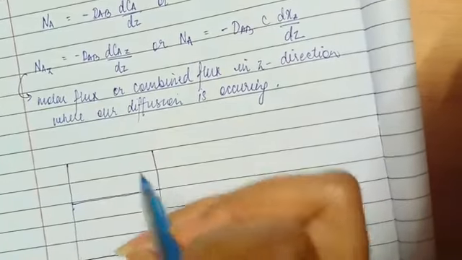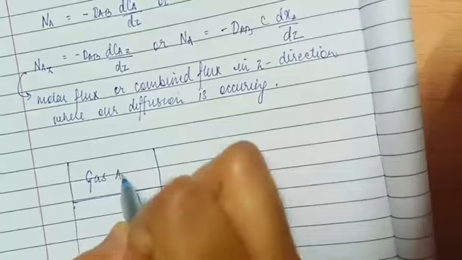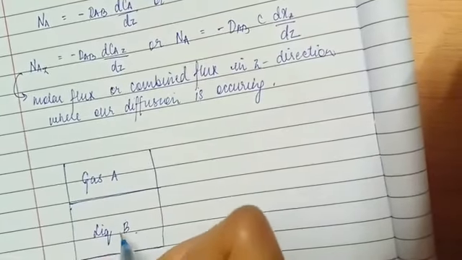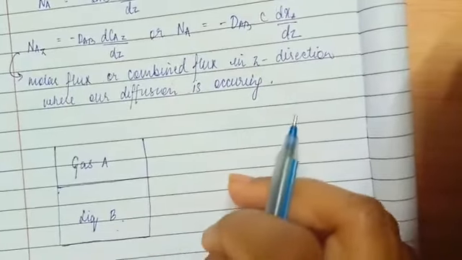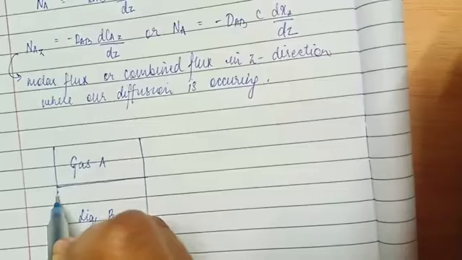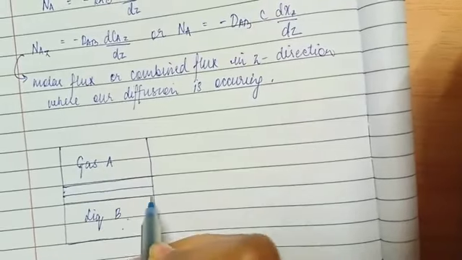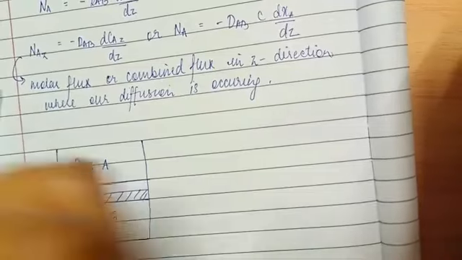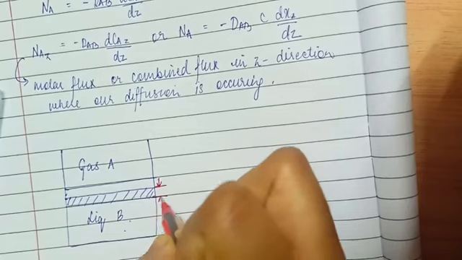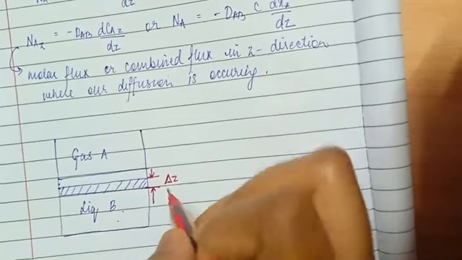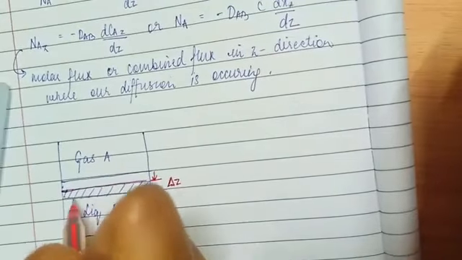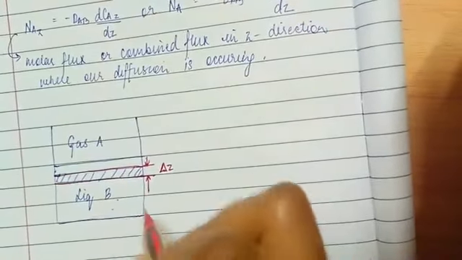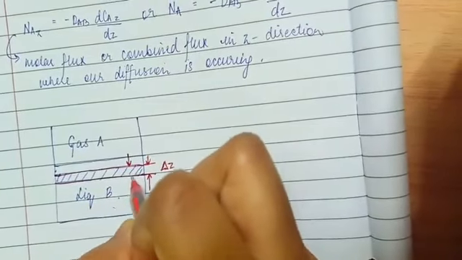As we have already seen earlier, we have a gas A and a liquid B, which is a stagnant liquid B, and the gas is diffusing into the liquid layer of B. Now, we will take a shell of infinitesimally small thickness delta Z. This thickness that we have assumed is delta Z.